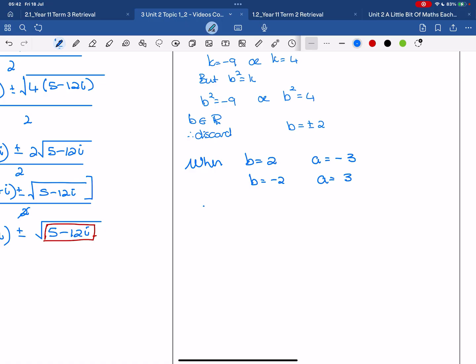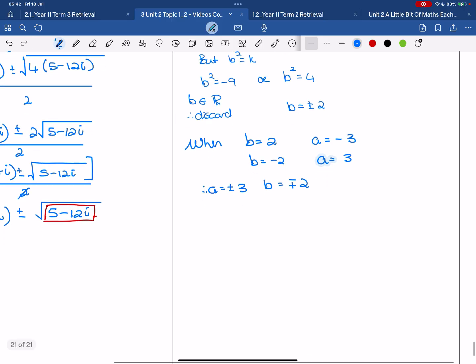So what we've got is that A is equal to plus or minus 3, and B is going to be equal to minus or plus 2. So if you write it like this, basically the signs on the top belong with the first group of answers, and the signs on the bottom belong with the second group of answers.